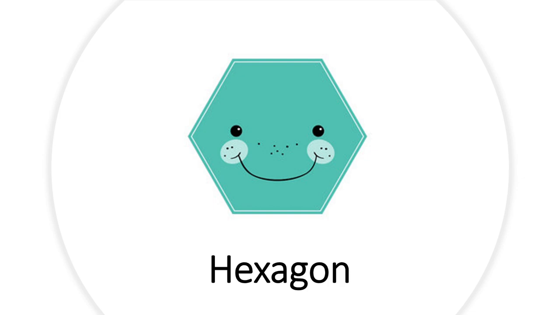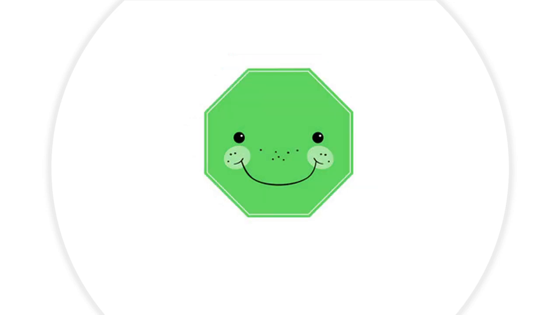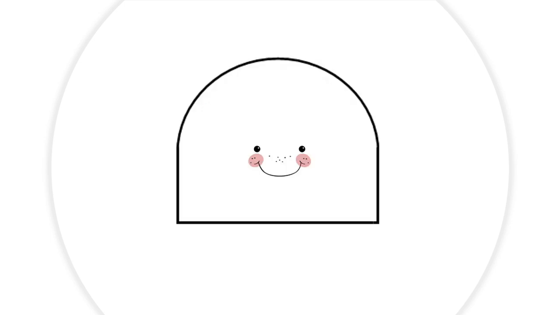And this shape is called a hexagon. So a hexagon has 6 sides. Now let's continue. Let's count the sides on this one. Right, it has 8 sides, and this is called an octagon. Okay, now let's continue.